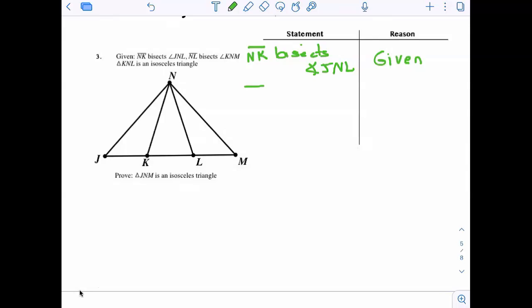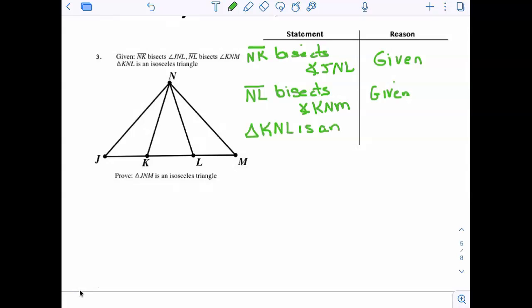And we have that segment NL bisects angle KNM. And then we're also told that triangle KNL is an isosceles triangle.